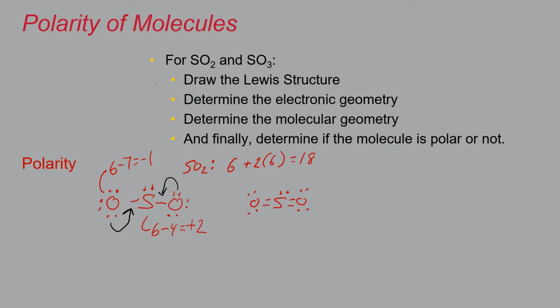Now, how many electron domains? So we've got 3 electron domains. I just call them EDs here. Remember that the multiple bonds count as 1 domain, and we have the unshared pair on the sulfur. So that means that our electronic geometry is going to be the magic shape for 3 electron domains, which is trigonal planar.